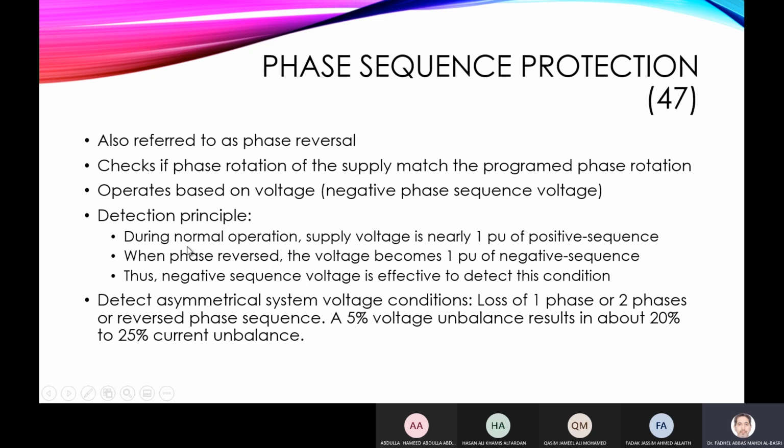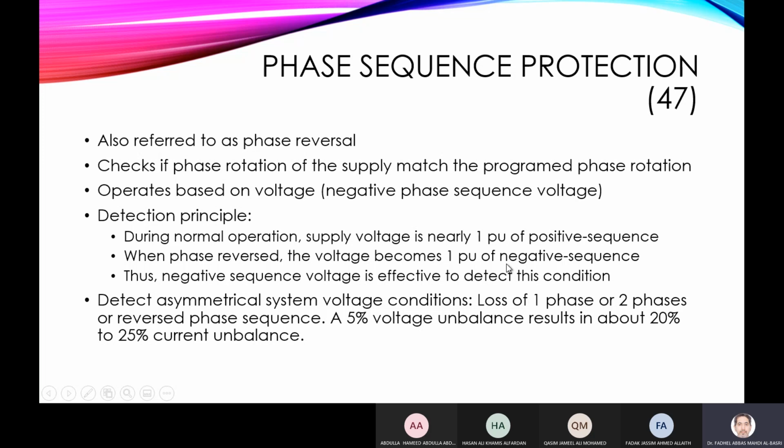What's the detection principle? During normal operating condition, the supply voltage is a positive sequence, so it is 1 per unit, let's say, of positive sequence voltage. When you reverse any two phases, the supply also becomes 1 per unit, but negative sequence. Once negative sequence is detected, this is very effective to detect phase reversal.